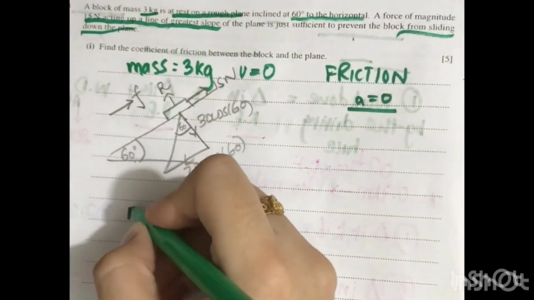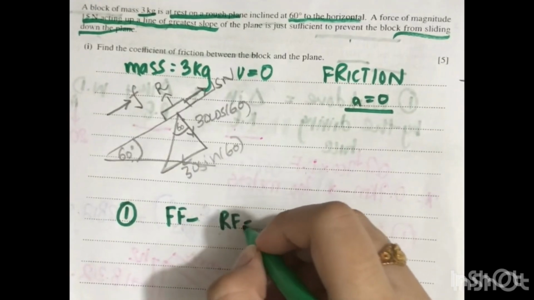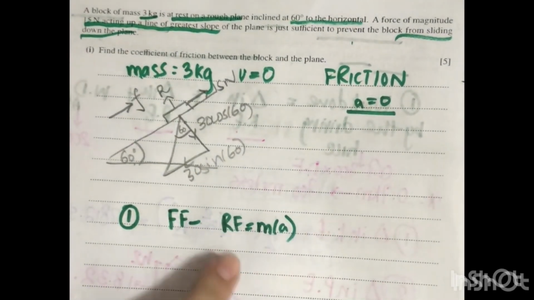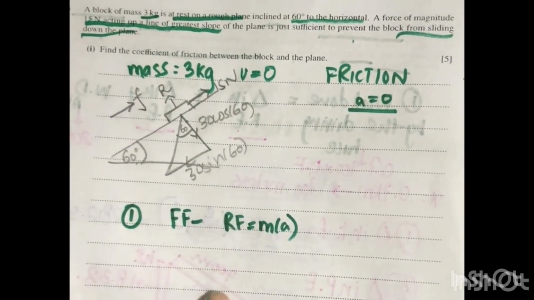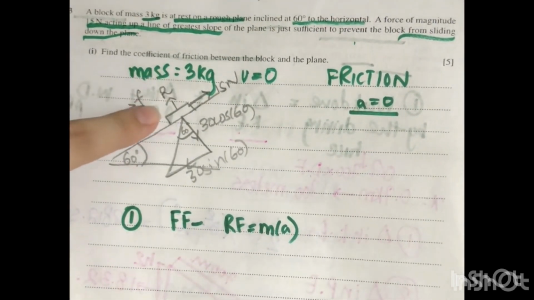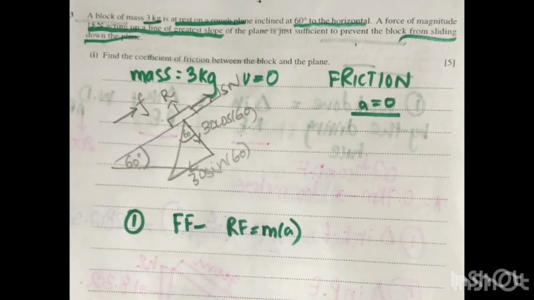So first we're going to use the force formula, which is forward force minus resistive force is equals to ma. From this we can find out the value of friction, and then we can use that value of friction and the value of the normal reaction to find out the coefficient of friction.